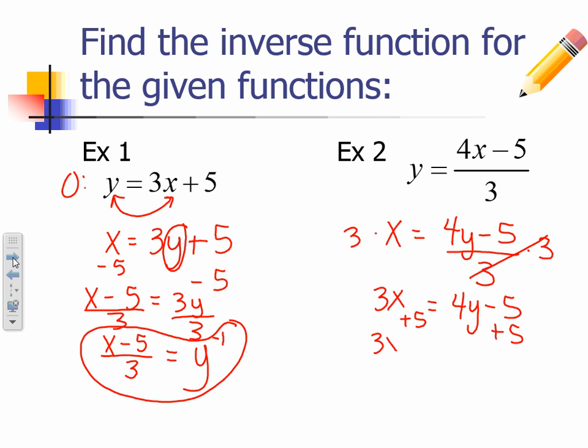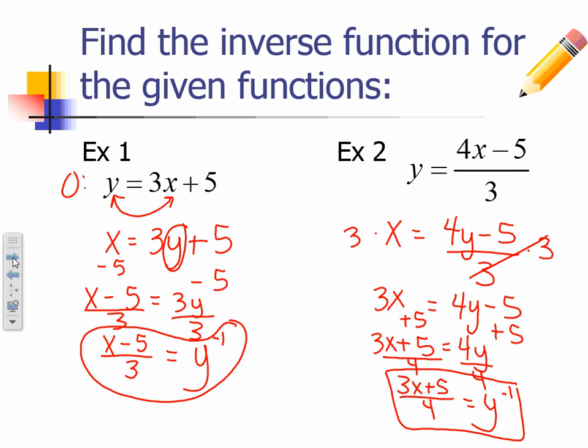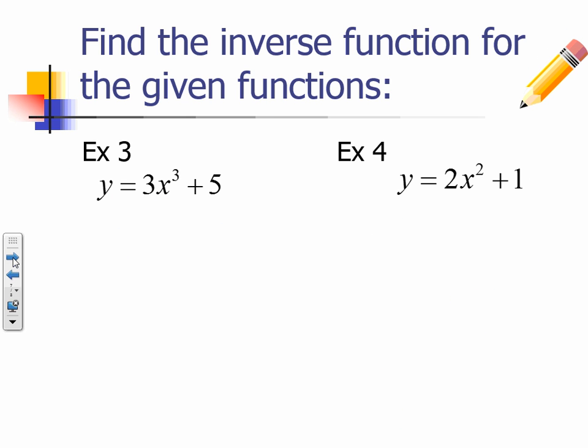I'd have 3x plus 5 makes 4y. And last but not least, I'd divide by the 4. So y equals (3x plus 5) all divided by 4. And again, I throw that little inverse sign on him to make sure that people know that's the inverse of the original function I was given. That's their relationship. 2 more examples and we're done.